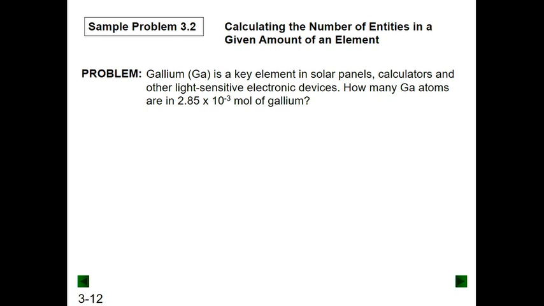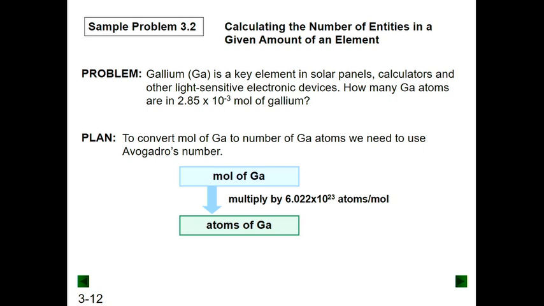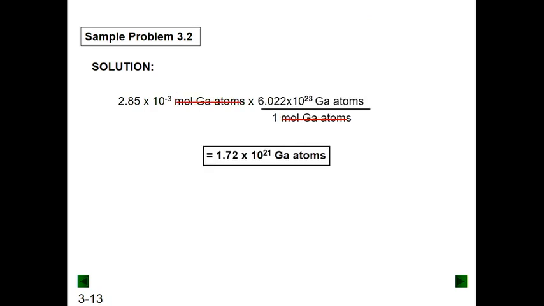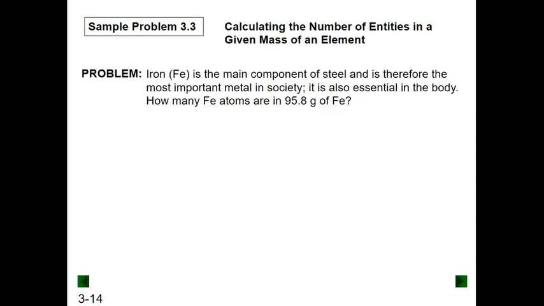We cancel the moles, and immediately we can get the atoms of gallium. This is the number, 1.72 times 10 to the 21 gallium atoms.